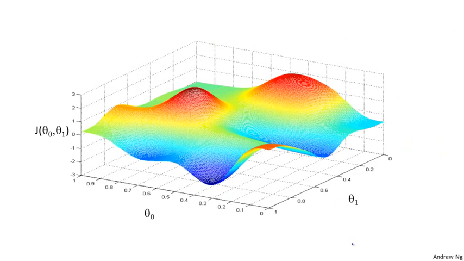Let's say you're trying to minimize this function. So notice the axes. This is theta 0, theta 1 on the horizontal axes, and J is the vertical axis. And so the height of the surface shows J, and we want to minimize this function. So we're going to start off with theta 0, theta 1 at some point. So imagine picking some value for theta 0, theta 1, and that corresponds to starting at some point on the surface of this function.